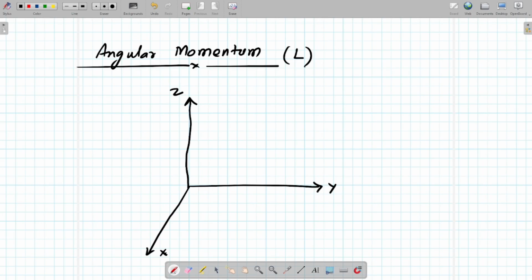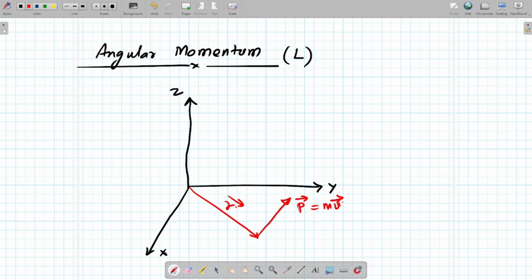Okay, and then let us take that we have a position vector r, and p, or we can call it linear momentum, which is mv, is acting in this direction.